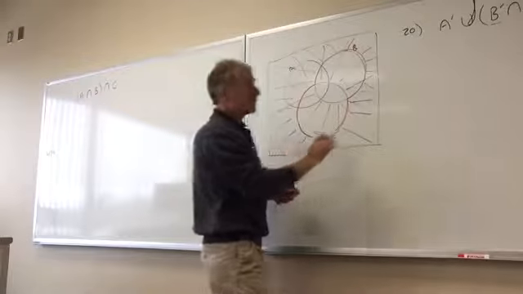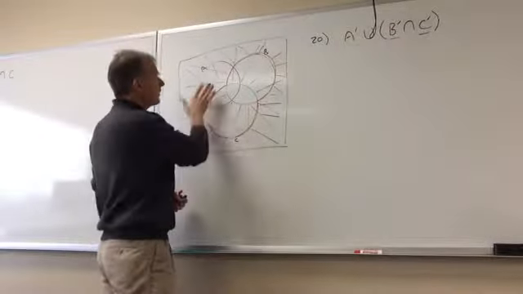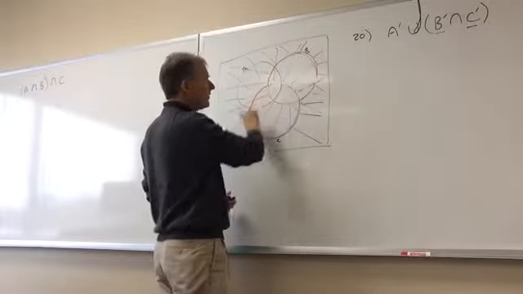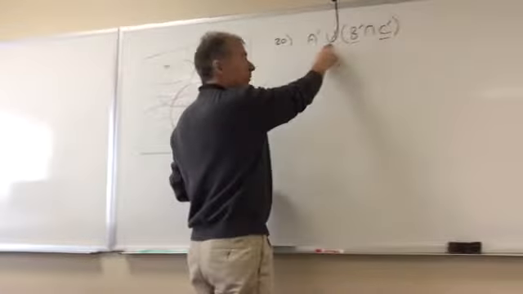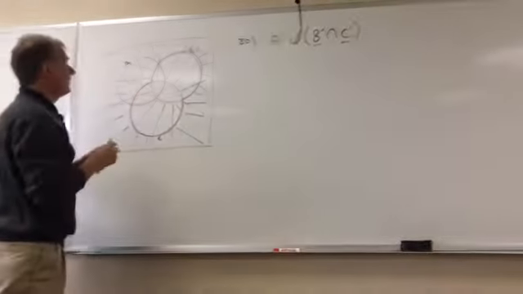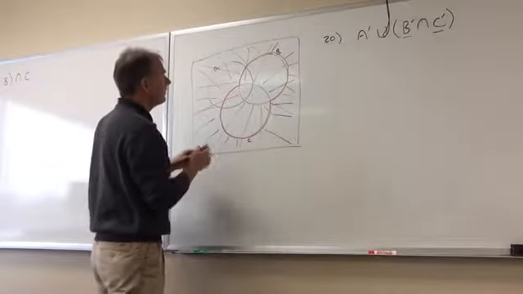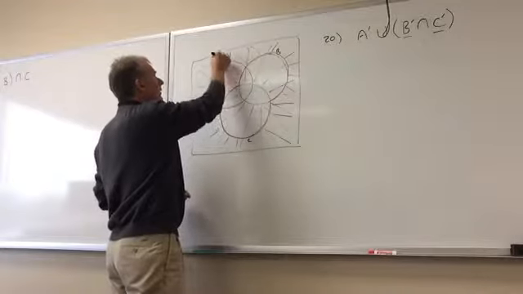Okay, so we've got that. It's kind of a mess. So we've got everything outside of this kind of figure 8 shape. And now I'm going to combine it with, that's union, with not A. So let's see here. Let me do not A in black.